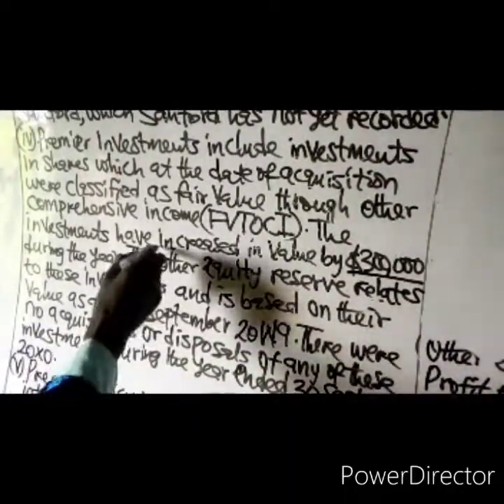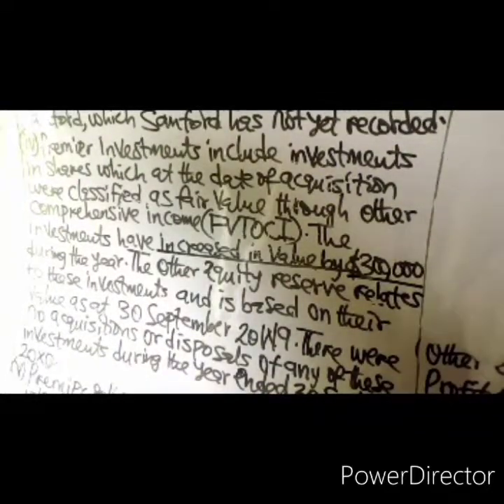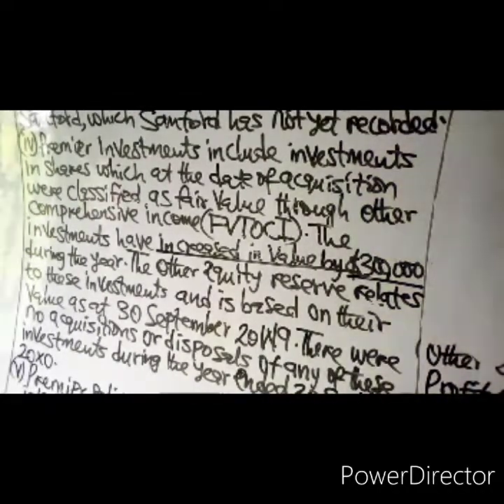Now, since there is a fair value increase, the value of the investment has increased by 300,000. Then that means there will be a gain. There is a gain on investment that is measured at fair value through other comprehensive income, and that gain is 300,000.